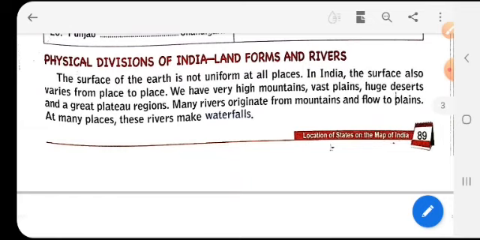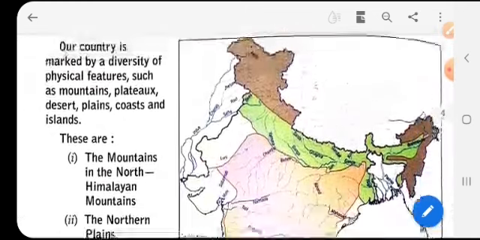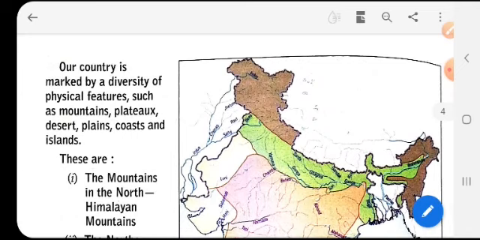Then the great plateau regions, that is the Deccan Plateau in the southern region, and there are many rivers that originate from the mountains and flow through the plains to the oceans, and many of the rivers make waterfalls also. Our country is marked by a diversity of physical features such as mountains, plateau, desert, plains, coasts, and islands.